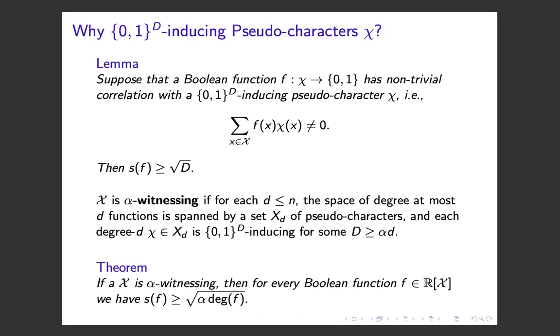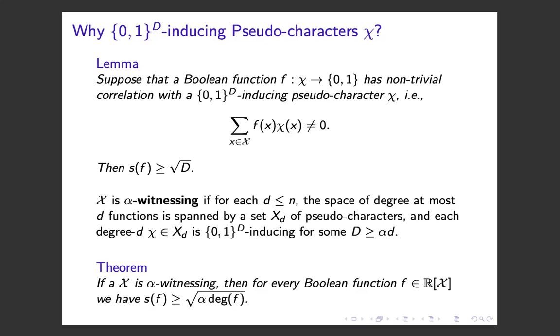Well, we have a theorem from which we can deduce Huang type sensitivity results. If X is alpha witnessing, then for every Boolean function f, the sensitivity of f is bounded from below by the square root of alpha times the degree of f. So we have this nice lemma from which we were able to deduce this nice theorem.